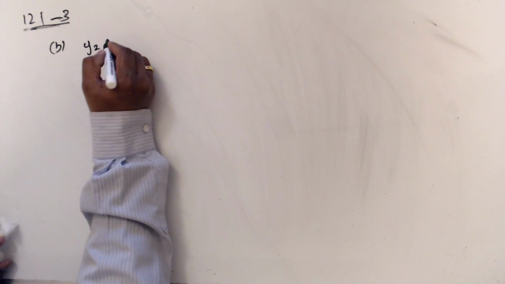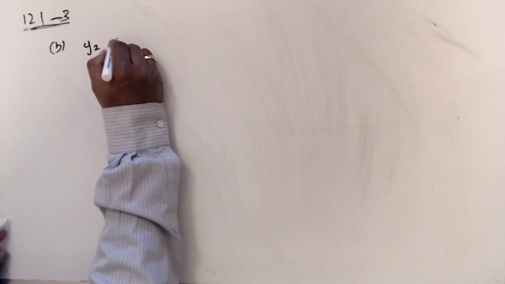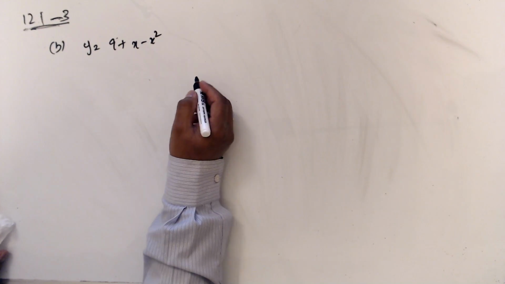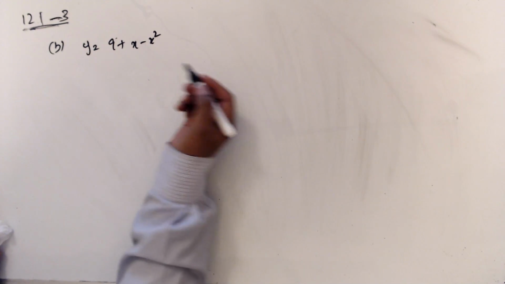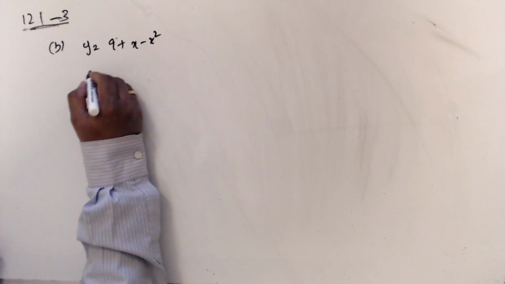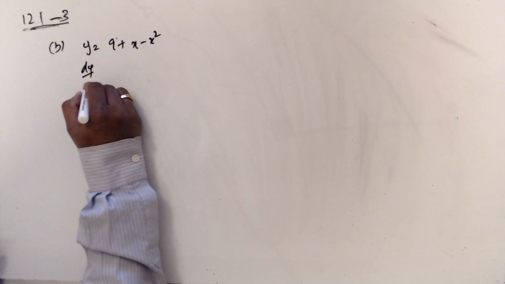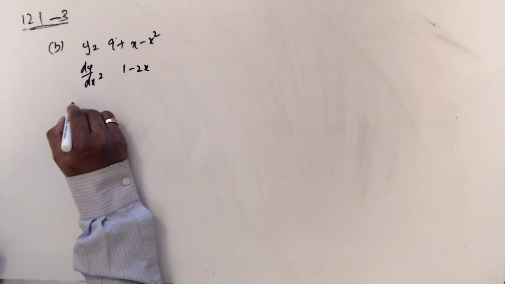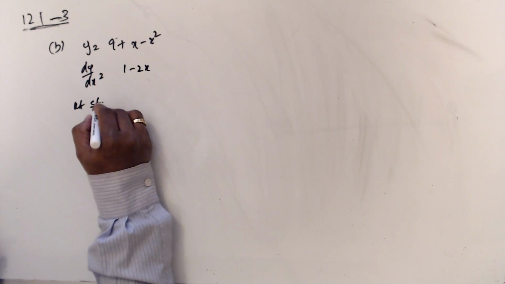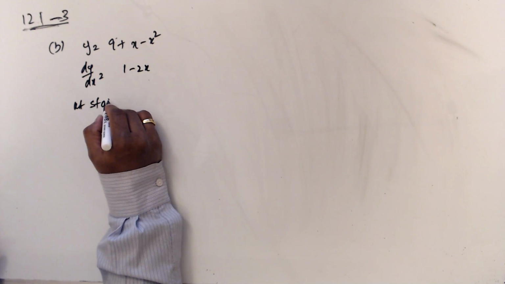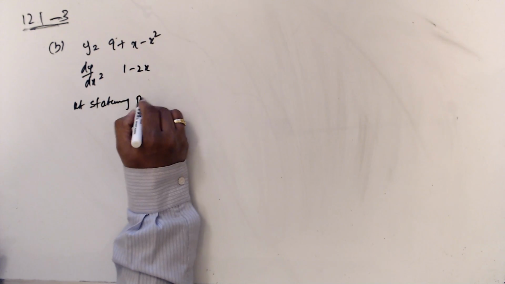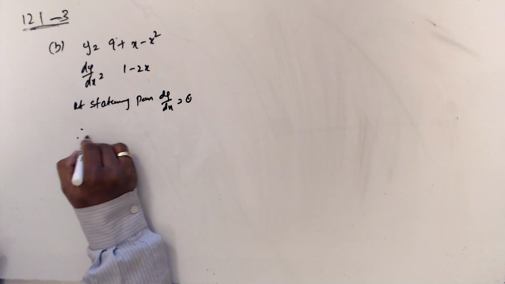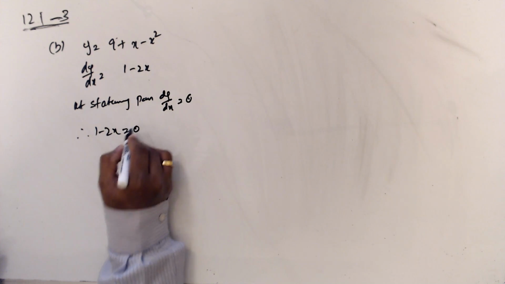The second one is y equals 9 plus x minus x squared. Now we'll find the stationary point. So first of all, dy over dx by differentiation: x gives 1, this gives 2x. So at the stationary point, dy over dx equals 0. Hence 1 minus 2x equals 0.